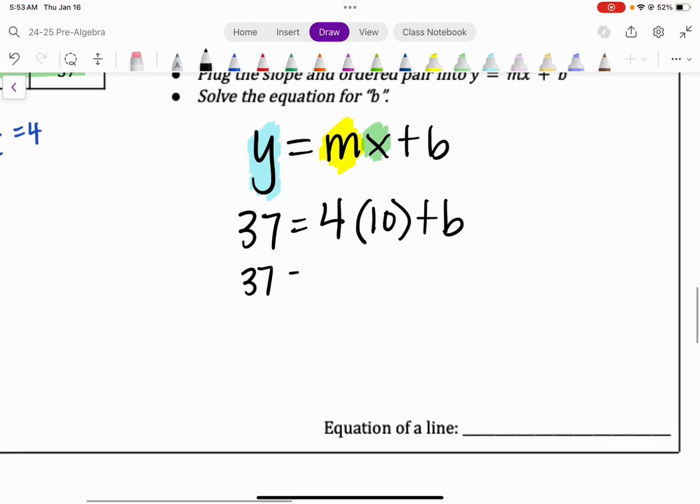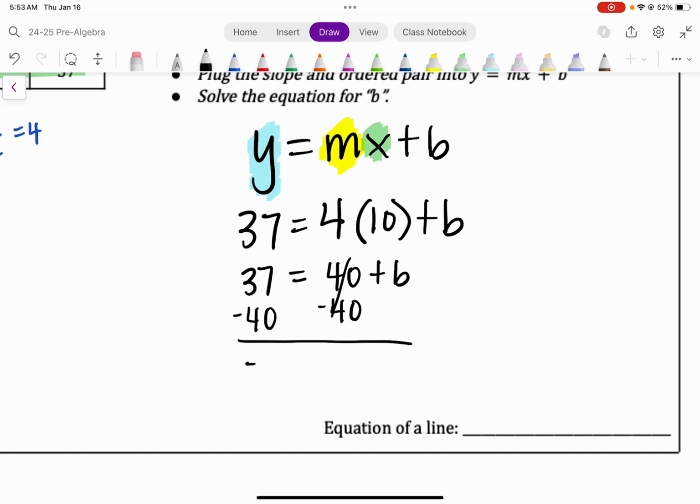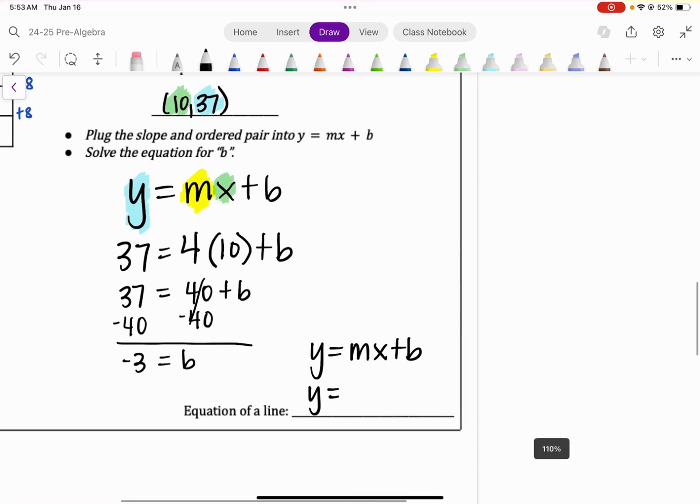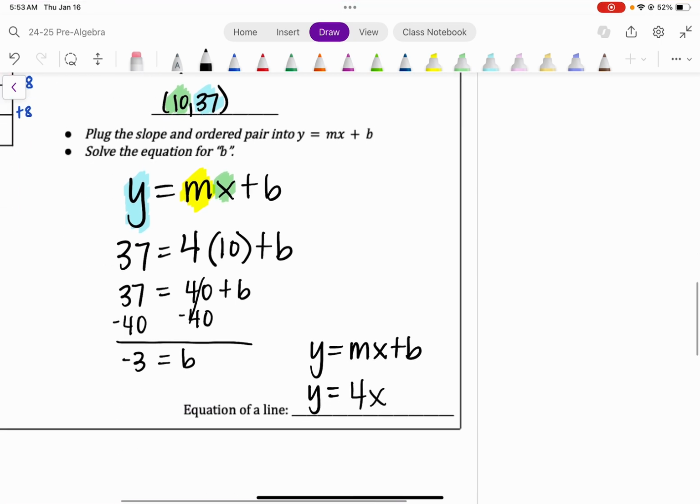So 37 equals 40 plus b, and when I subtract 40, I'm going to get 37 minus 40, that's negative 3. So my final equation just has the slope and the y-intercept. So my slope was 4. And instead of putting plus negative 3, I'm going to put minus 3.